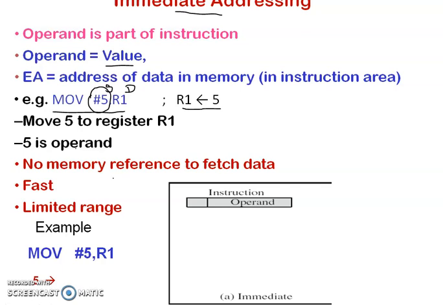No memory reference is given in this addressing mode. It is fast and of limited range. So 5 is copied to the register R1.